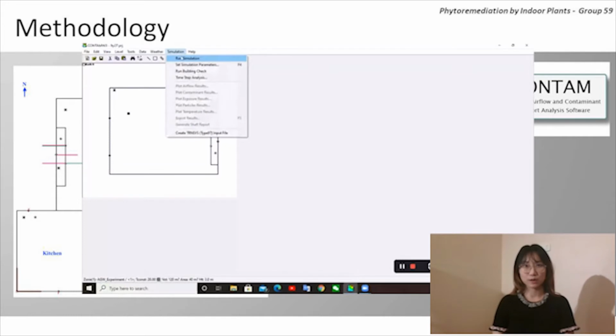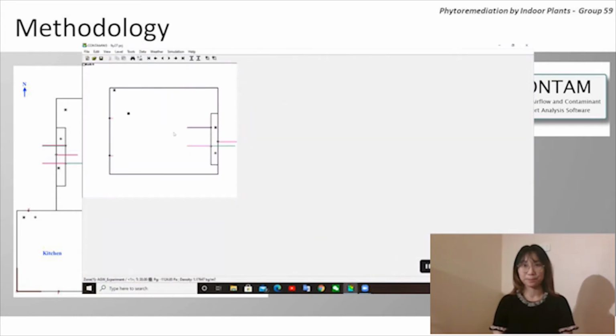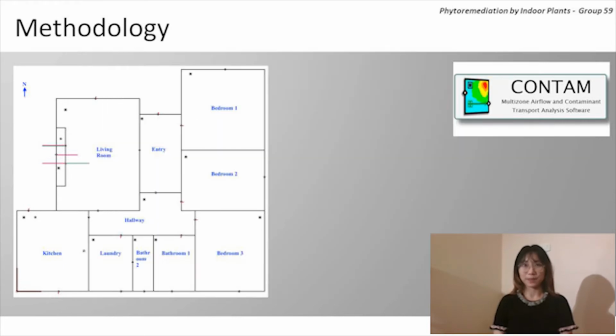This is a simple illustration of us repeating the experiment using CONTAM. CONTAM is a multi-zone indoor air quality and ventilation analysis computer program designed to determine airflow, contaminant concentration, and human exposure. We can therefore simulate under real weather conditions to output the pollutant concentration over time.